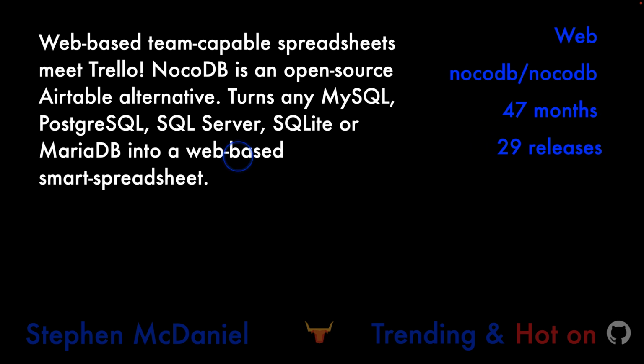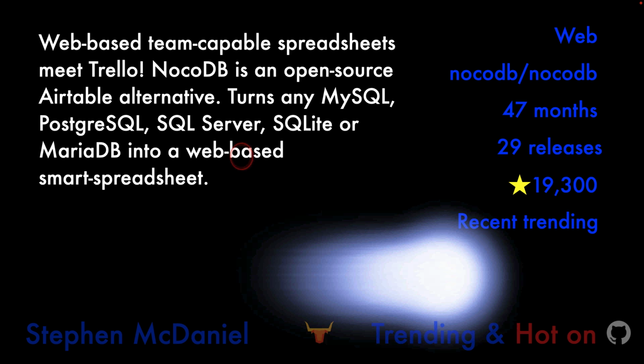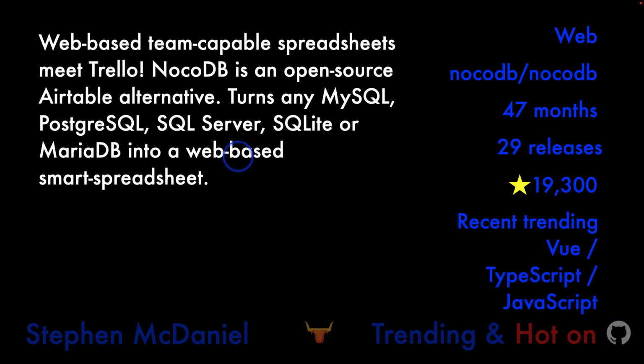It's been around about 4 years, almost at 30 releases. And wow, it's at 20,000 stars on GitHub. It's not a project that trended this week, but very recently in the last few weeks. So I included it because I thought it was a really cool project.